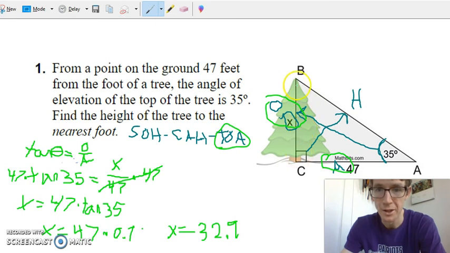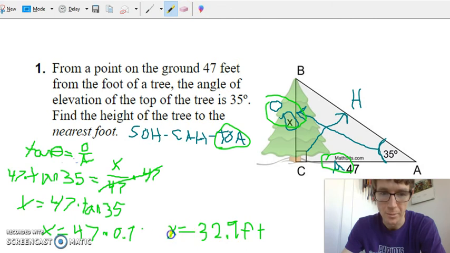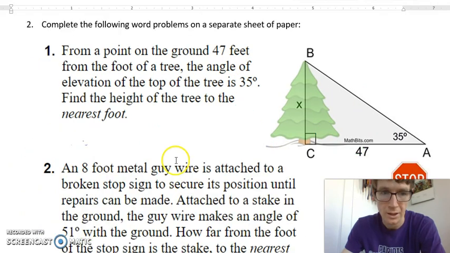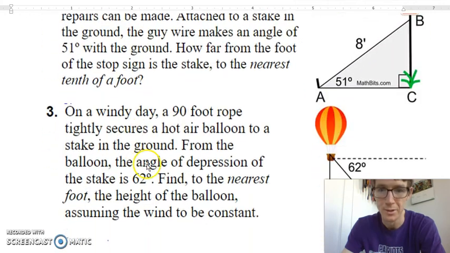So that must be how tall our tree is. So we found the height of the tree. That was our x. So our tree is 32.9, and this was 47 feet. So let's answer in the correct units. We'll say it's 32.9 feet. Okay, and that's how you answer this problem. So now I just want you guys to try out doing number 2 and number 3 on your own.